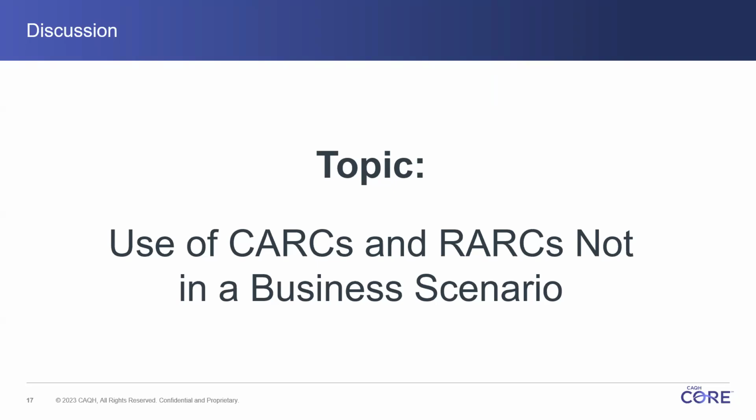Yep. And maybe another thought on that is that there isn't a requirement either by X12 or by CORE that you have to use the most specific CARC or RARC for the reason for the adjustment. It's just good business practice, right? So we would both probably advocate that when health plans are determining those potentially internal codes that you have in your adjudication system, you're mapping those to a CARC or to a RARC, try to use the most specific code, because it makes it much easier for providers to understand the adjustments that are being made.